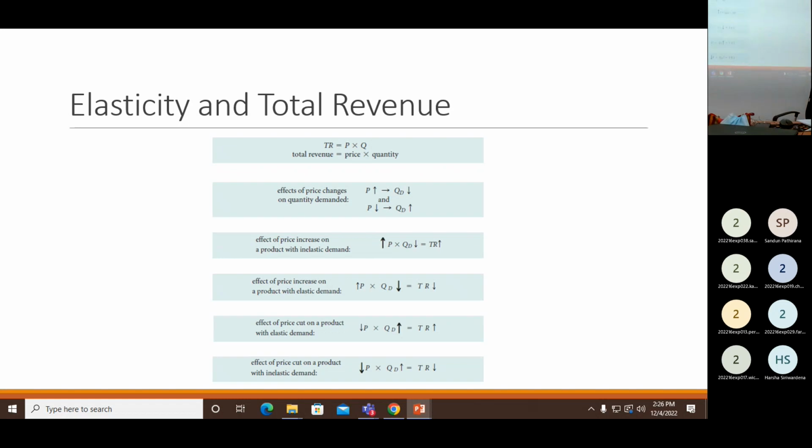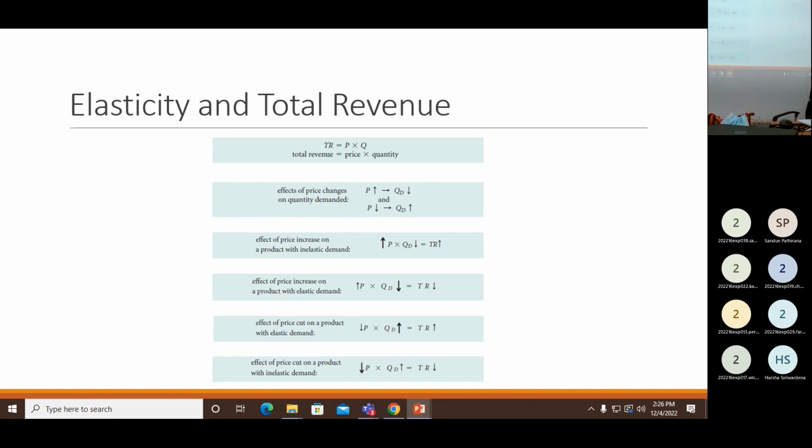If your product is facing elastic demand, rather than increasing the price, the best thing is to decrease the price. So your demand will boost, and as a result, your total revenue will increase. So for a company having elastic demand, what is advisable is to reduce the price.